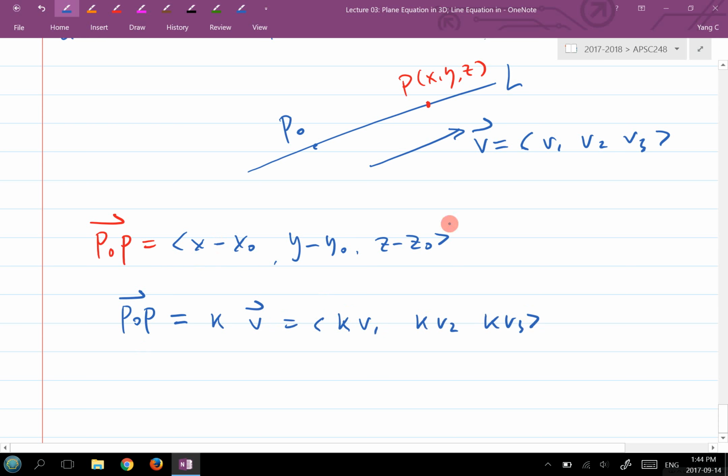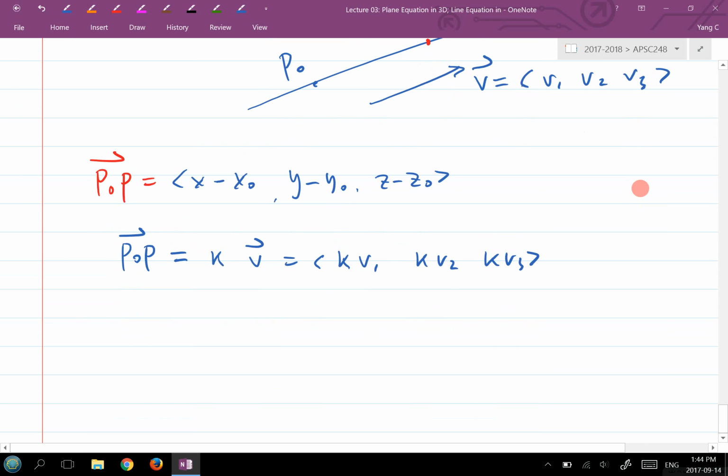So equate this with this, and let's write down three separate equations for the x component, y component, and z component. We end up with x equal to x naught plus k v1, y equal to y naught plus k v2, and z equal to z naught plus k v3.